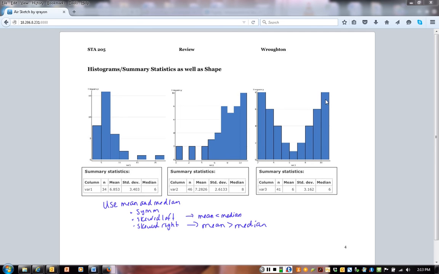Because of the idea of balance, these offset those, these offset those, we balance out for both the mean and the median right smack dab in the middle, which is why your mean and median will be exactly the same if it's perfectly symmetric, but it will also be really close to the same if it's relatively symmetric. So if it's symmetric, the mean and median should be pretty close to each other.